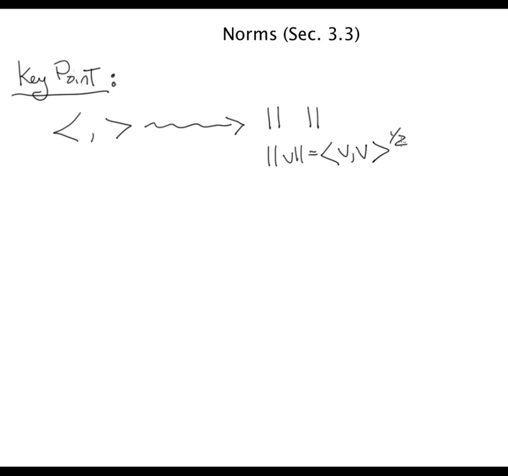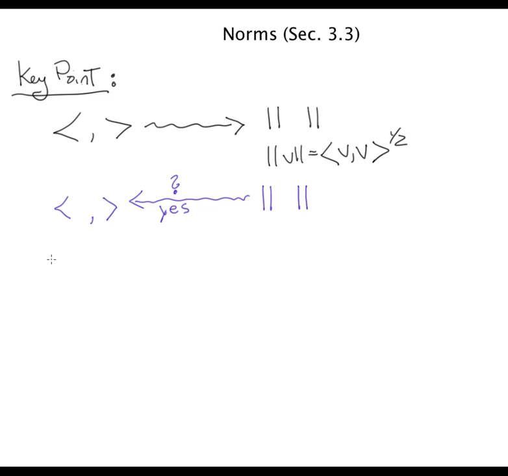The question is, what about going the other way? Suppose I gave you a norm and I told you it came from an inner product. If I gave you the inner product, you'd tell me the norm, but if I only tell you the norm, can you tell me the inner product? And the answer is yes.